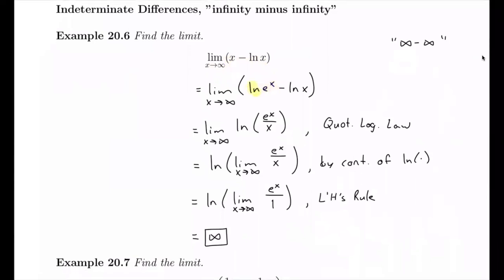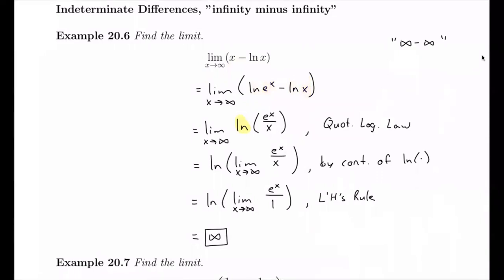Now I have ln of e to the x minus ln of x. That's good, because the difference of two logs I can write as the log of the ratio of a over b, or e to the x over x. So remember, that's the second log law, the quotient log law.